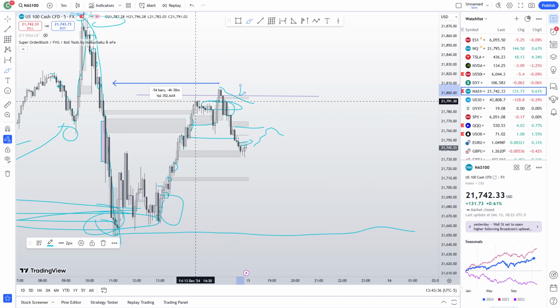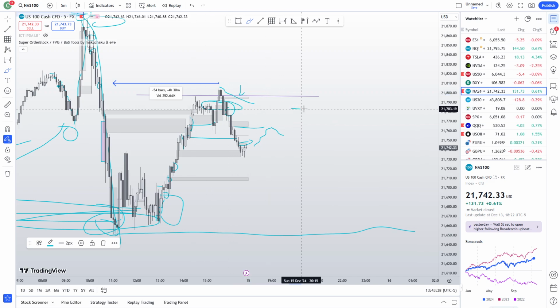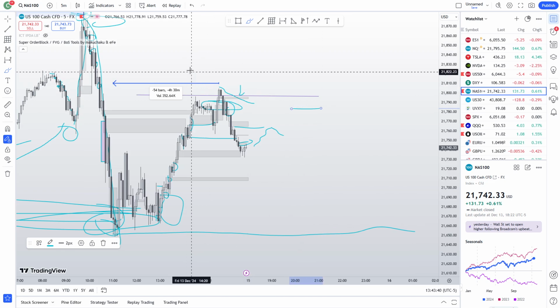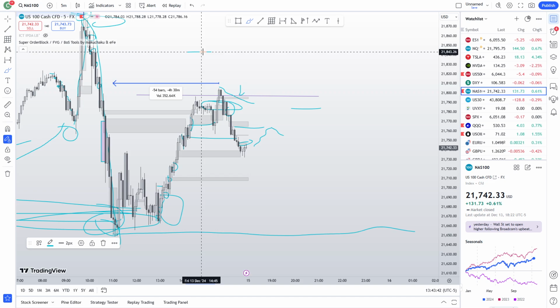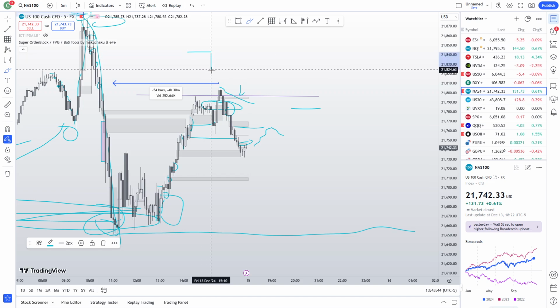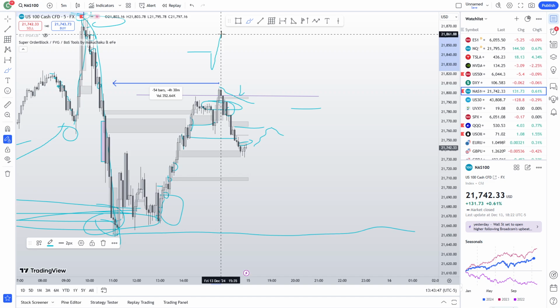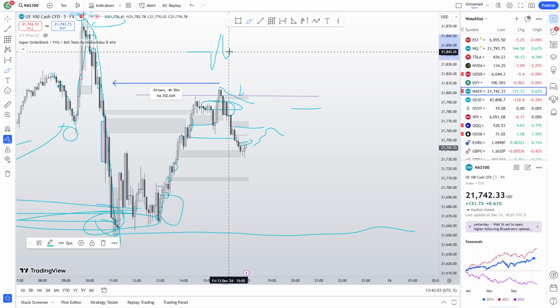So even going back to the numbers and the balancing, we have this consolidation here. We offer sell side and then buy side through it. Right? And then we trade back down. Then we trade back up to the consolidation. Then we leave it.